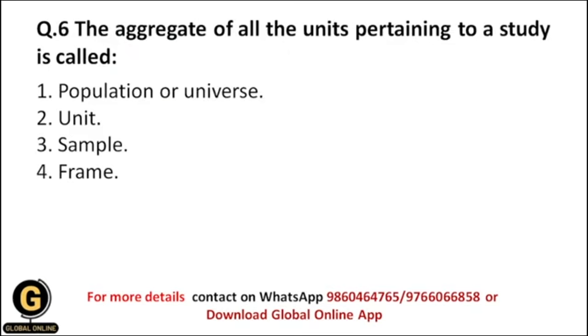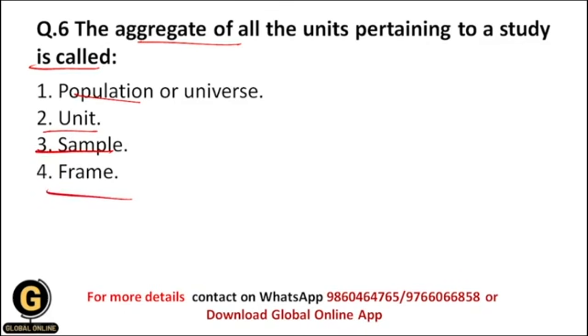Next, the aggregate of all the units pertaining to a study is called. Whenever you take the total of all the units which are relevant to a research study, do we call it population or universe, or unit, or sample, or frame?